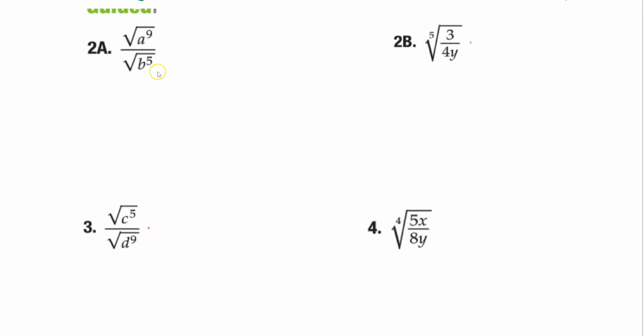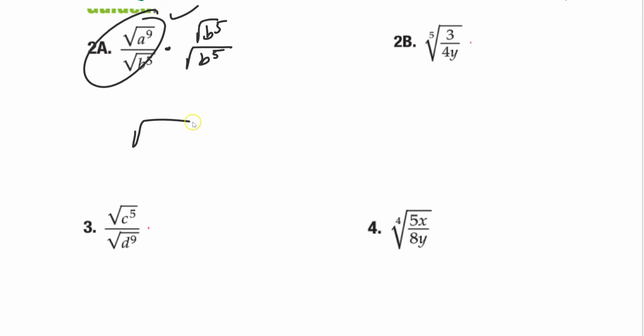Anyway, this one, again, if they want me to rationalize it, just multiply both top and bottom by the bottom. Let's see if it works out. Again, I'm fine with this. That's a good answer, but if they want me to rationalize it, I'll rationalize it. So I'm going to get a to the 9th b to the 5th all over square root of b to the 10th. You can simplify both of these.